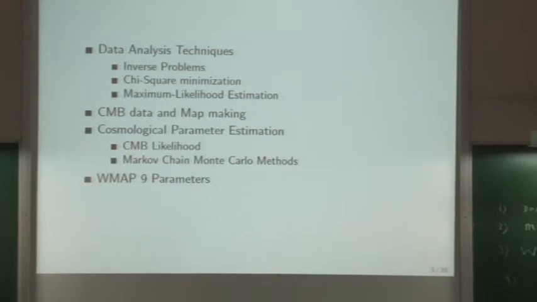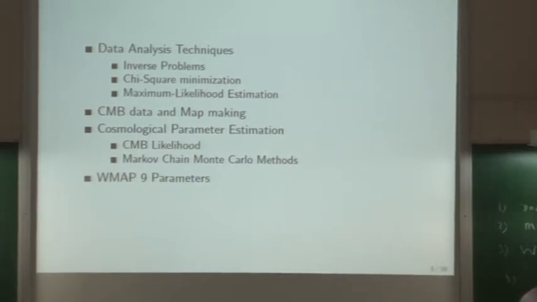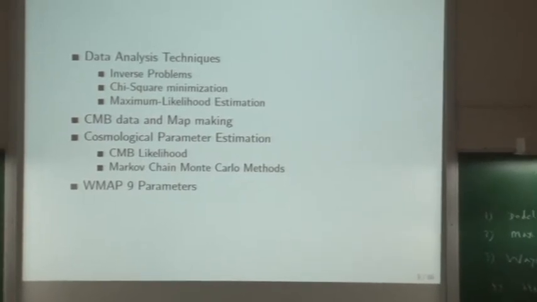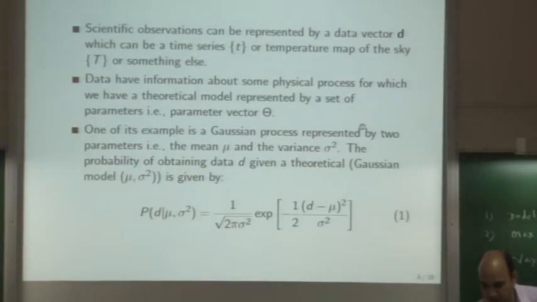For example, there is some data, something is happening, and you observe things with an instrument. Then the properties of CMB data and map making, and then I will go on discussing cosmological parameter estimation, which is the main thing there.